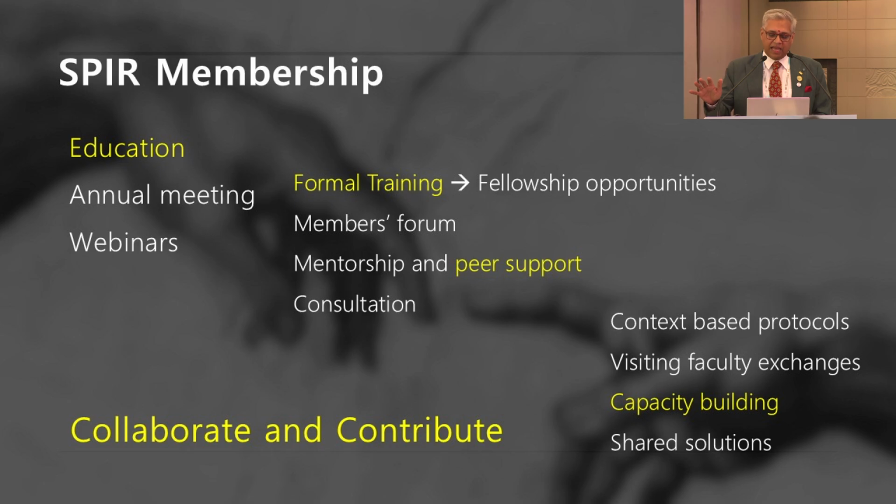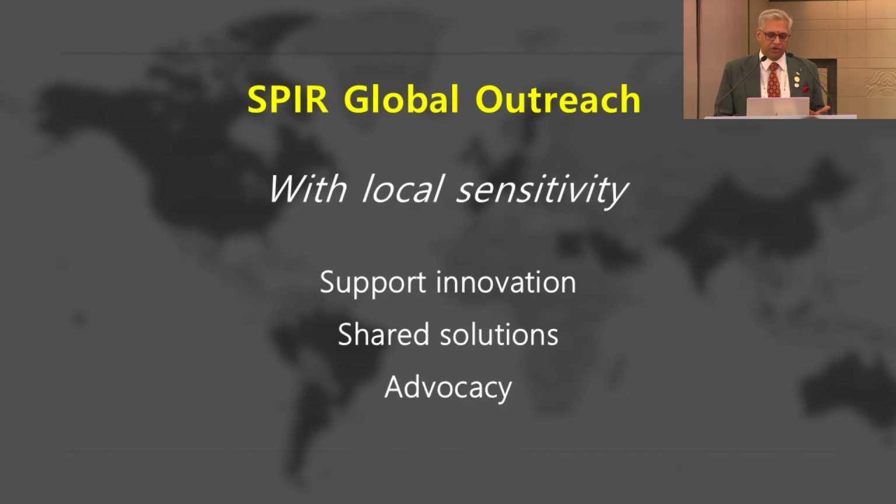The idea of the society is to build context-based protocols, build faculty exchanges, facilitate exchanges between departments and between services, build capacity, and come up with shared solutions. It is a mutual way of learning and teaching each other. It's a way to collaborate and contribute.